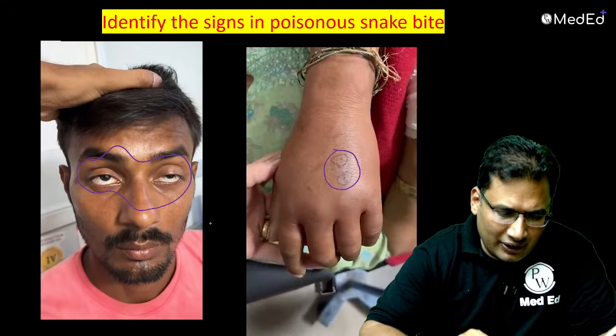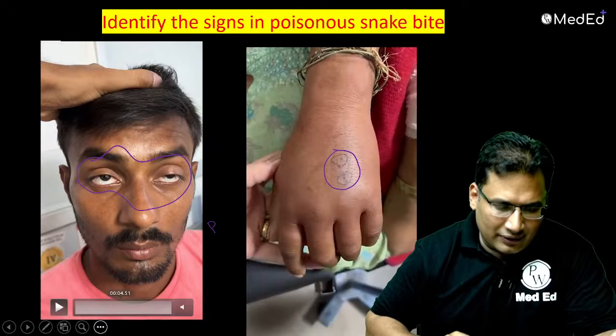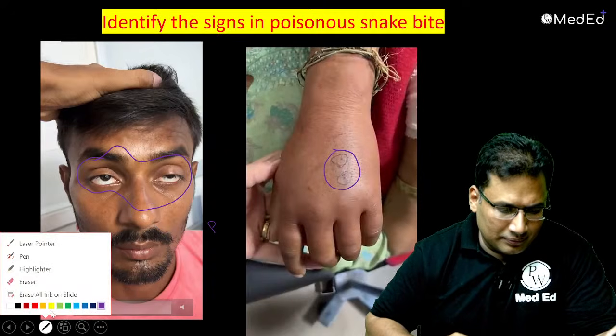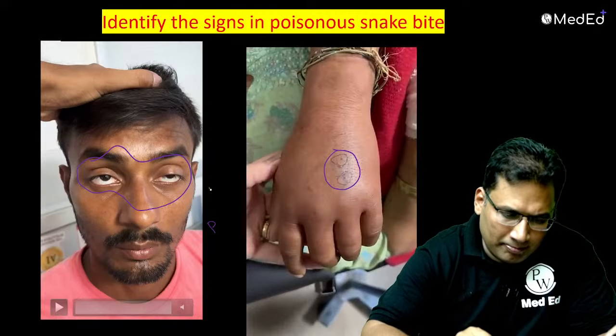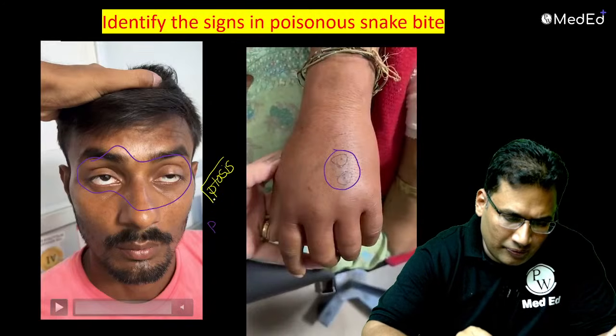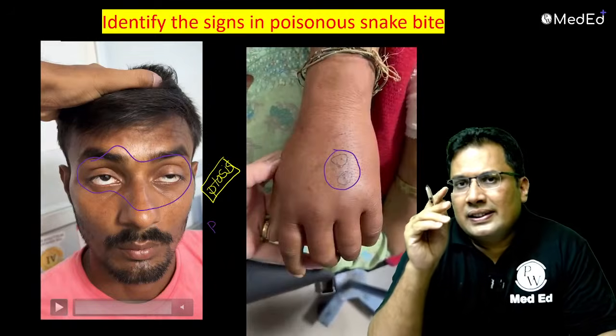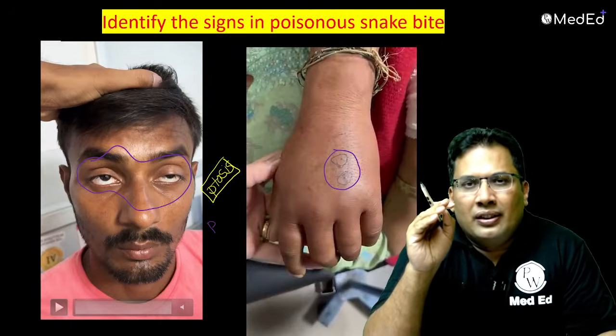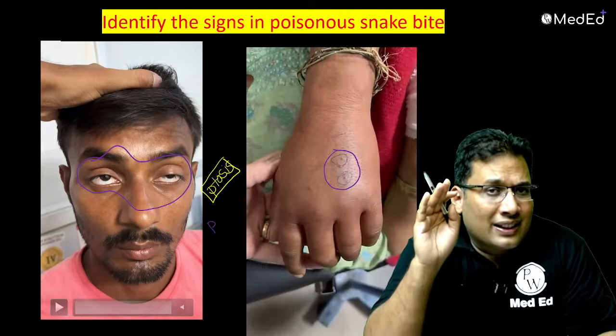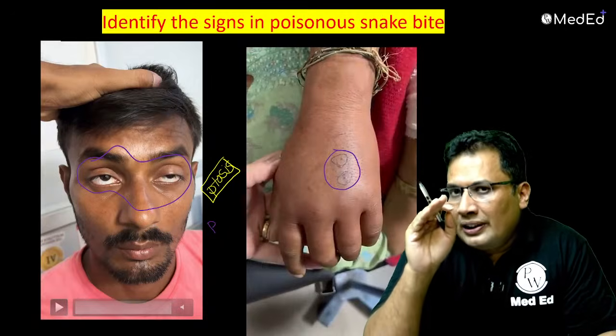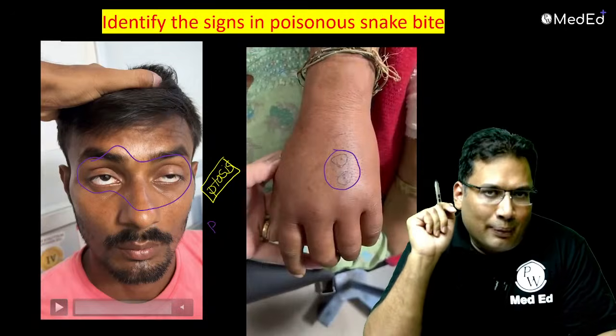So the finding here is basically ptosis. Ptosis is the earliest manifestation in case of neurotoxic snake bite, especially common cobra and common krait bite.